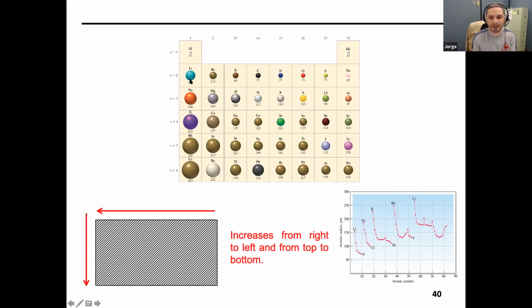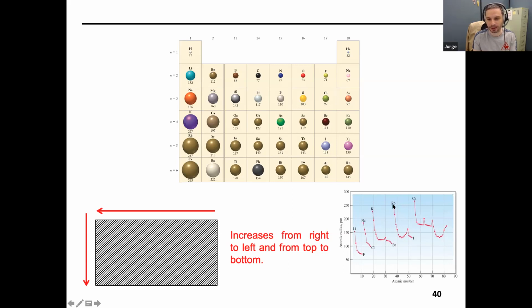And because this is a periodic trend, it will decrease from lithium to neon. And when you come back to the very next element after neon, the trend will restart. Okay, so decrease, reset, decrease, reset, decrease, and all the way to period number 7. If you graph the atomic radius as a function of the atomic number, that's the behavior we will observe. Decrease, go back, decrease, go back.